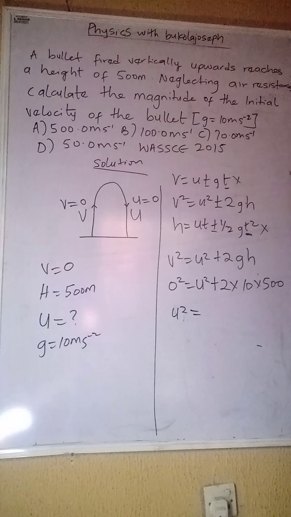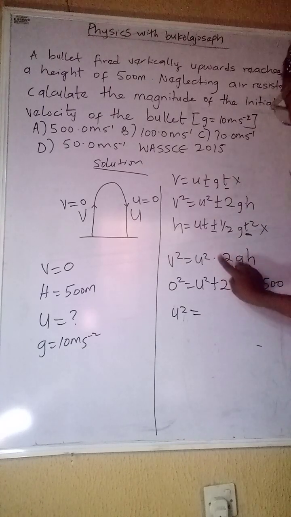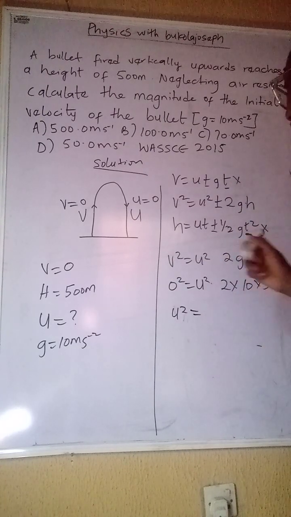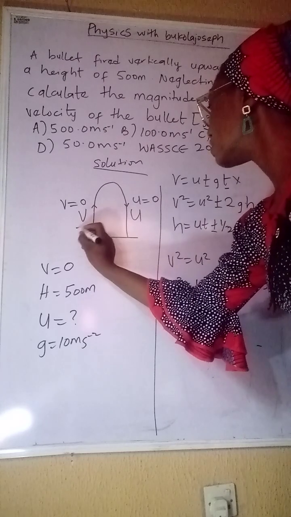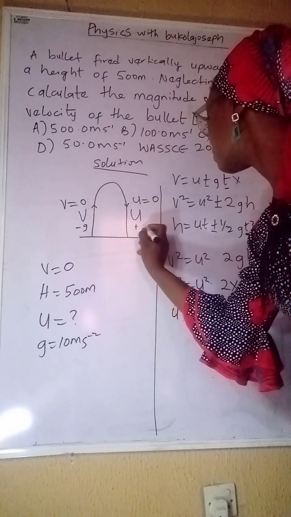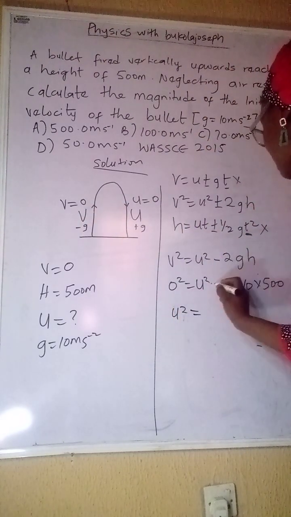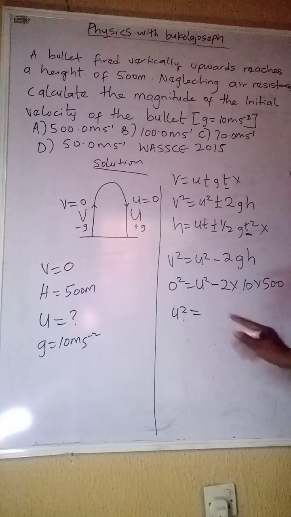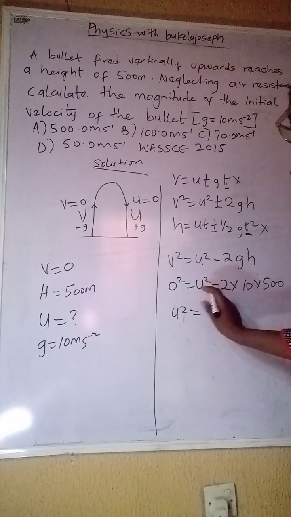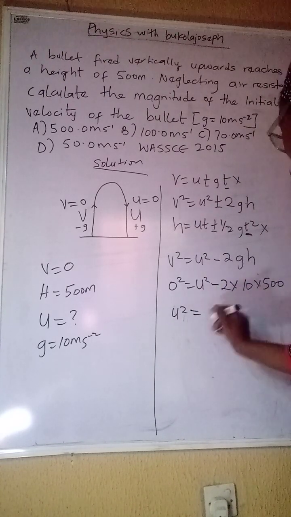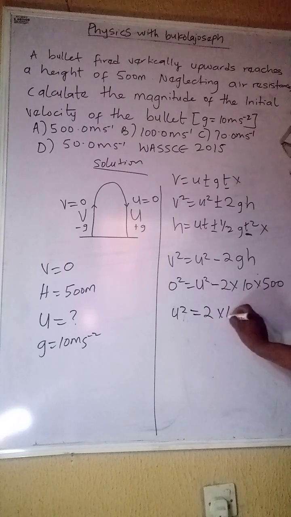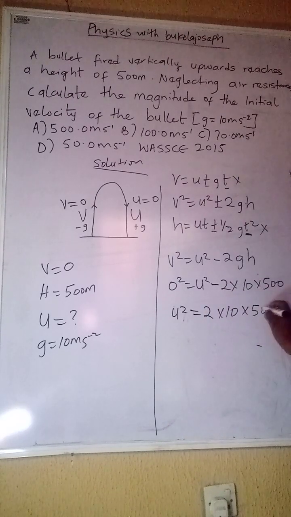Oh sorry, it is going up against gravity. This is going to be a minus, not positive. Here g is minus, here g is plus. So we have minus, minus. If we bring this to the other side, it becomes 2 times 10 times 500.